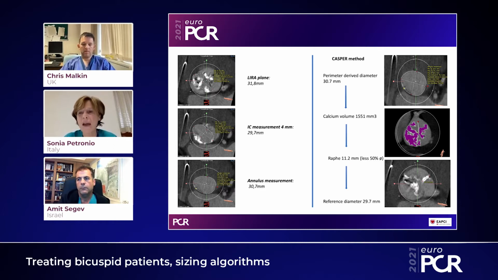So there are many kinds of sizing you can do. And I would like to ask Amit, what is your point of view? Why do you think your way of measurement is important to use always? Can you tell us exactly what your feeling is and your way of using bicuspid?